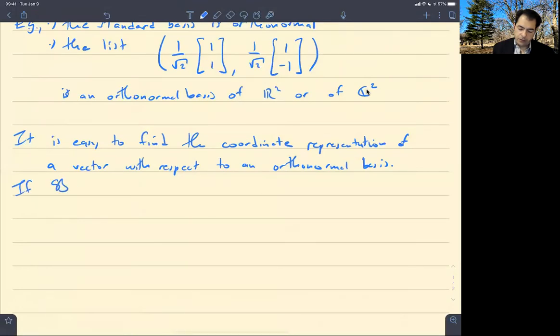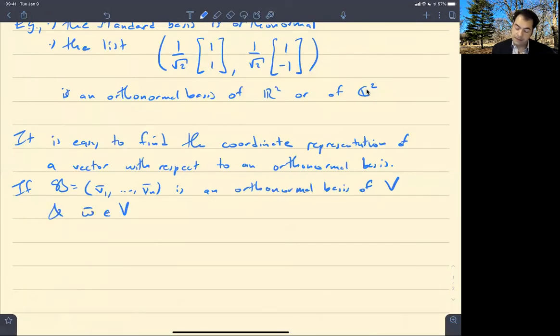So if B, consisting of v1 through vn, is an orthonormal basis of V, and you pick any vector W in V, we want to find its coordinates.